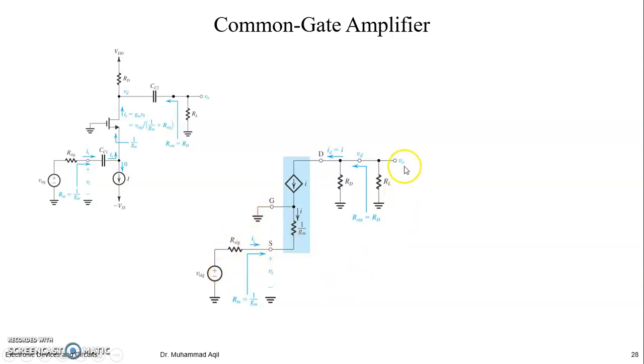And how about the output equation? V out is equal to minus Gm VGS, because this terminal is the current leaving terminal, multiplied by the parallel combination of these resistances, right? So V out is minus Gm VGS into RD parallel to RL.